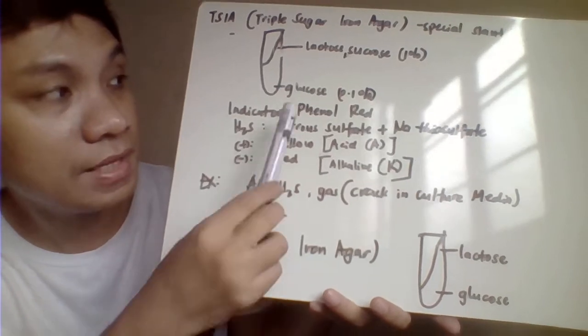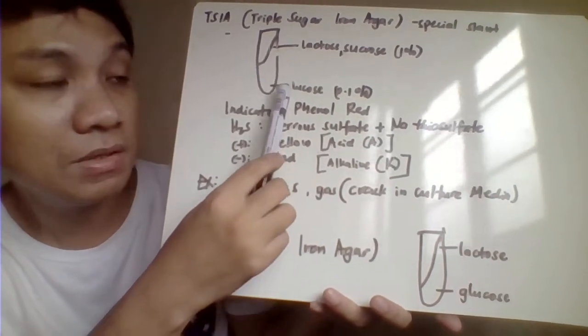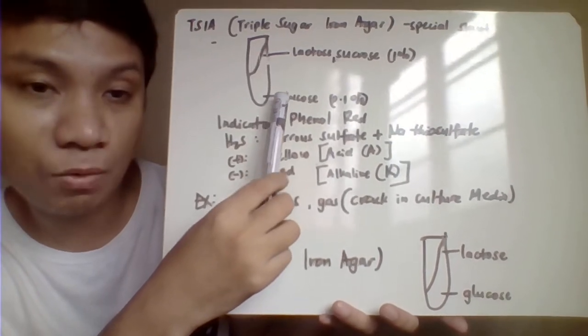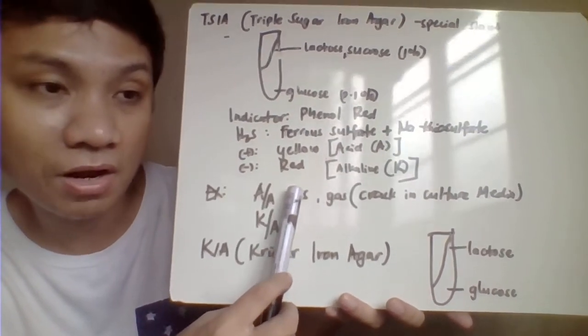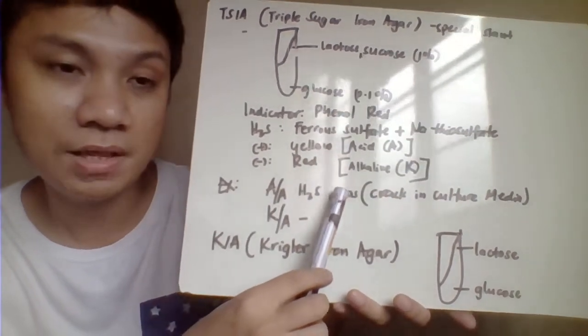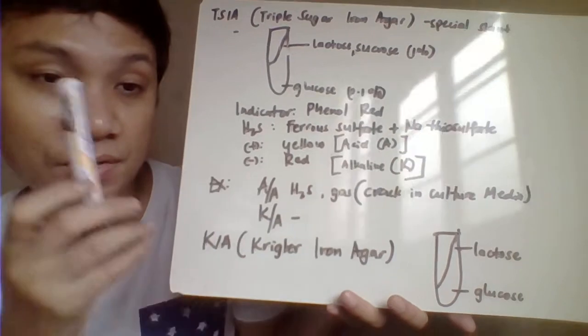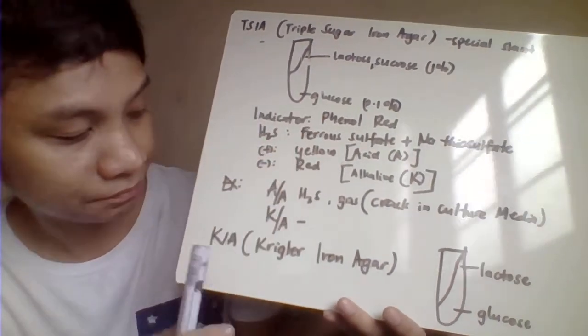And A here means the glucose is positive, so it also tries to ferment the glucose. May H2S, meaning there's a blackening of the colony, may black na nakita. Pag may gas, that would be identified with a crack in your culture in the test tube, may crack dito.